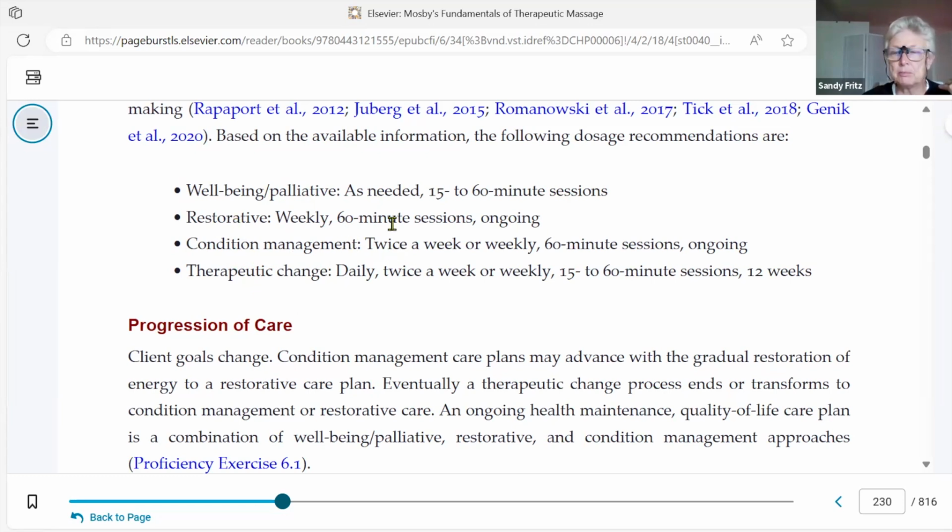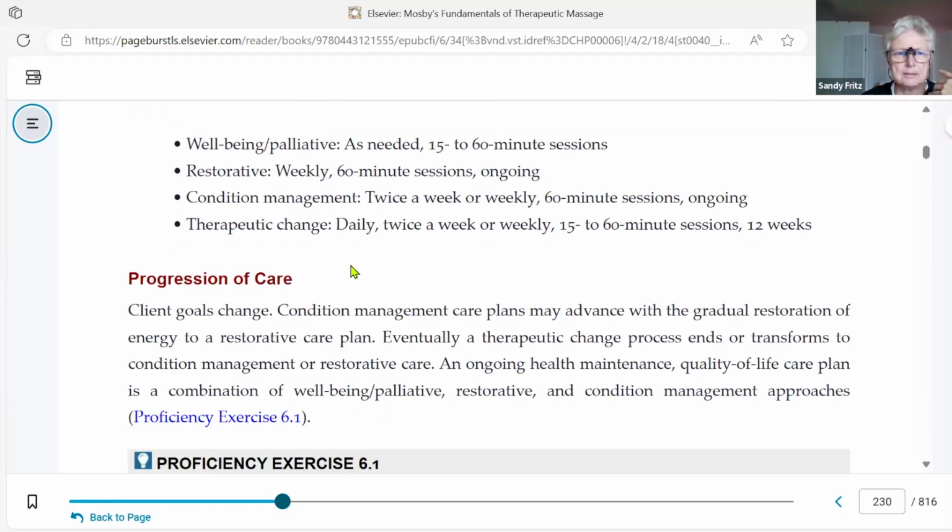And they might move up to restorative. Somebody might be in the restorative arena, but they just want to have that full body, moderate pressure, rhythmic approach at any given time. So you can bounce around in these.